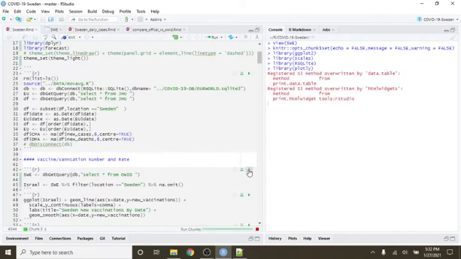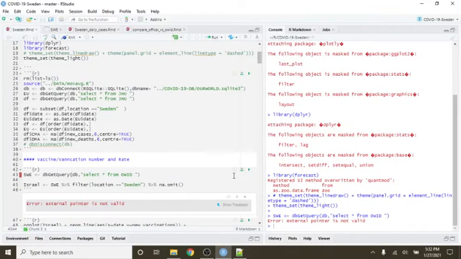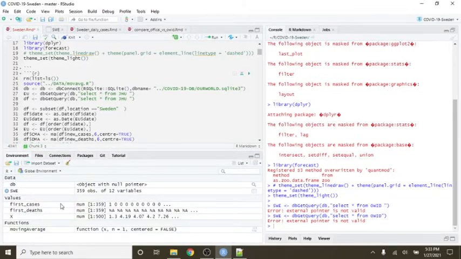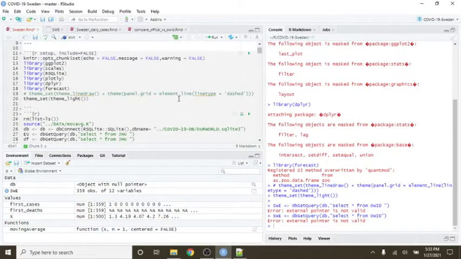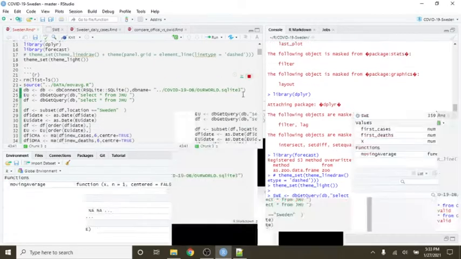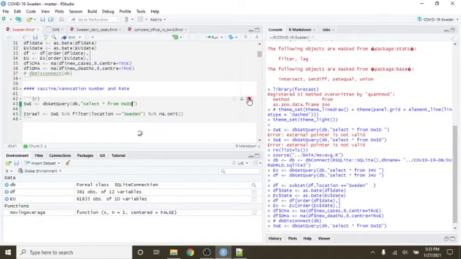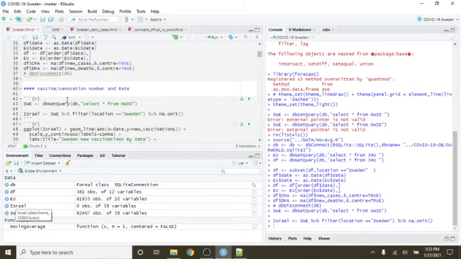Why didn't this work? Not quite sure what that means. Do we still have a DB connection? Let's come back up here. Run this. And now run this. There we go, that's a little better.